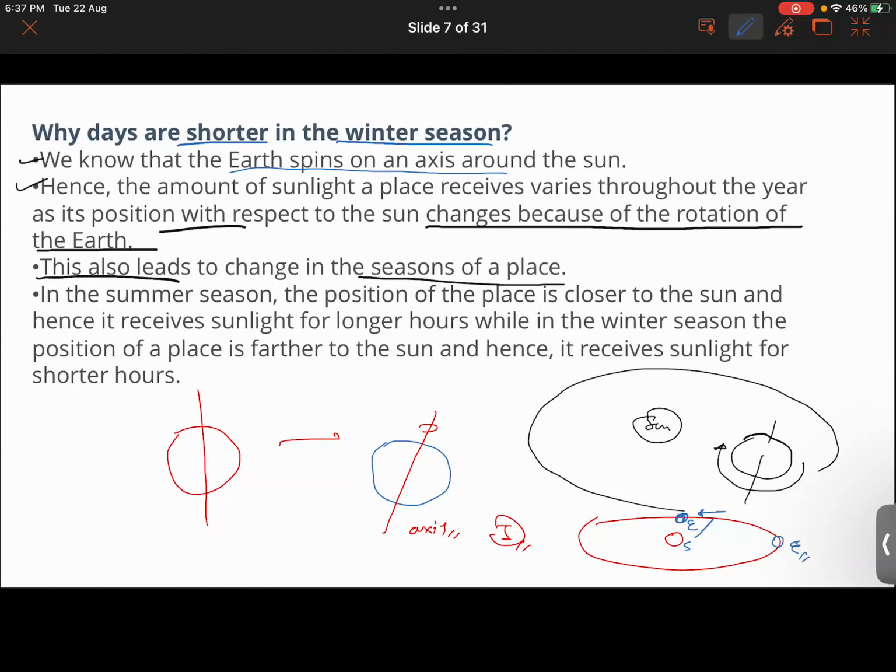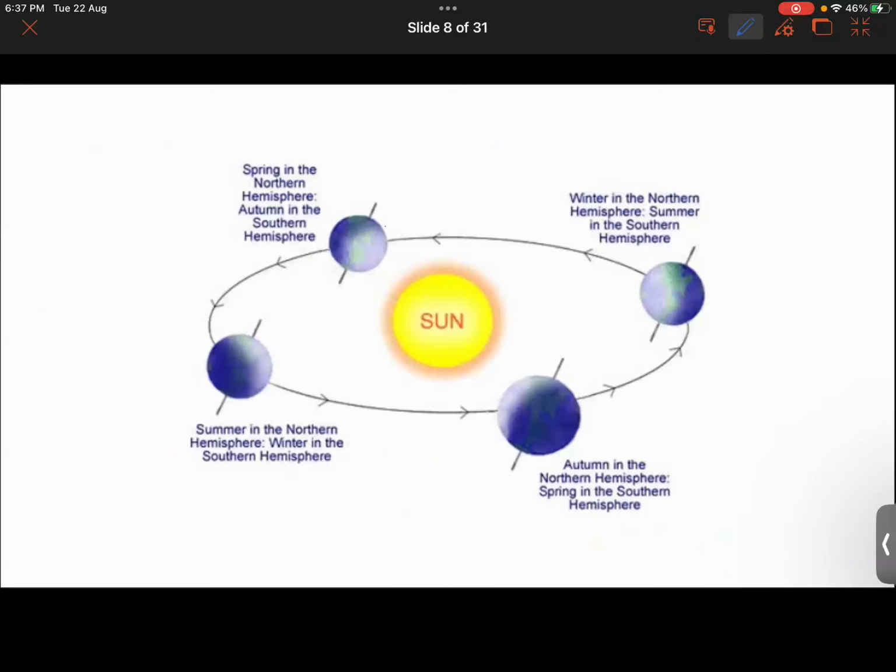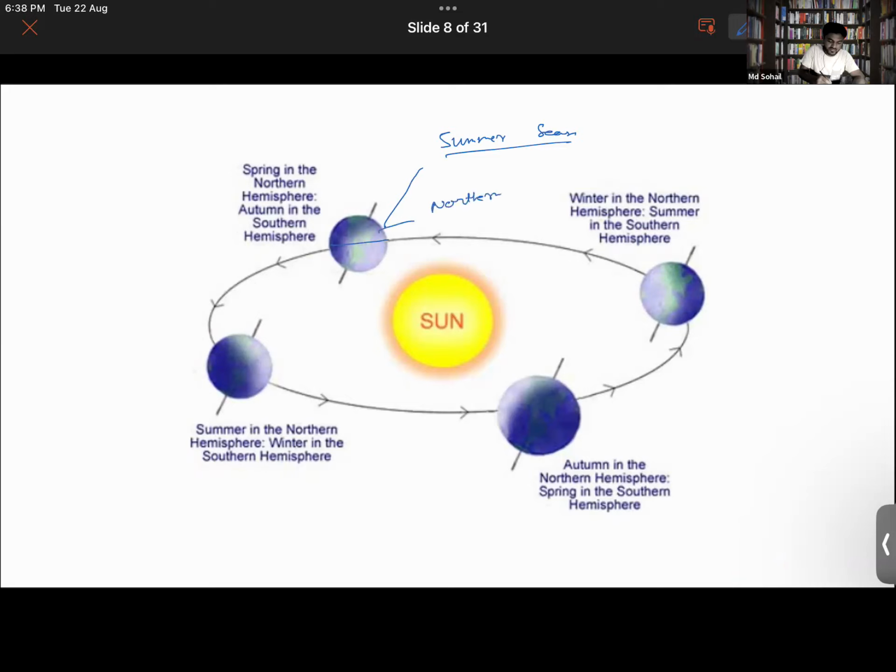Okay, look now what happens during the summer season. Let's say this is during the summer season. This is the northern hemisphere. You know our earth has been divided into two hemispheres, northern and southern. So during summer season the northern hemisphere is tilted towards the sun, hence more sunlight reaches it.